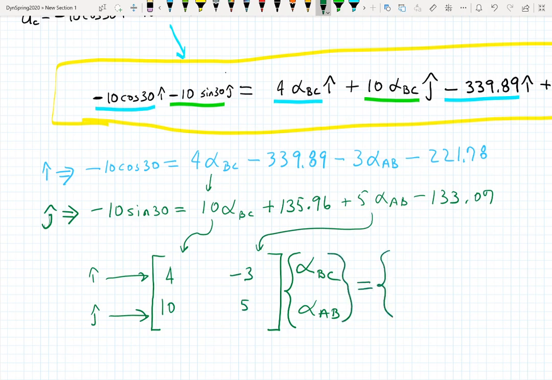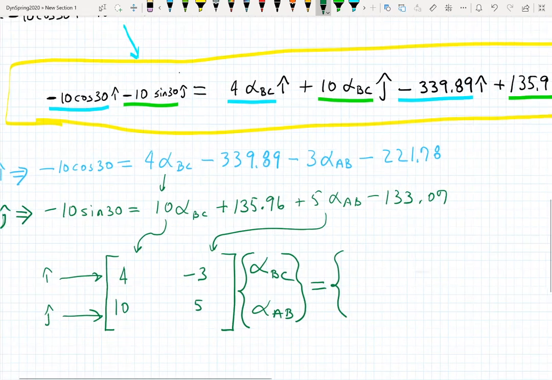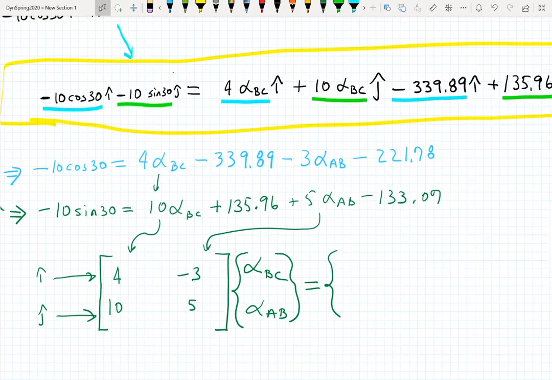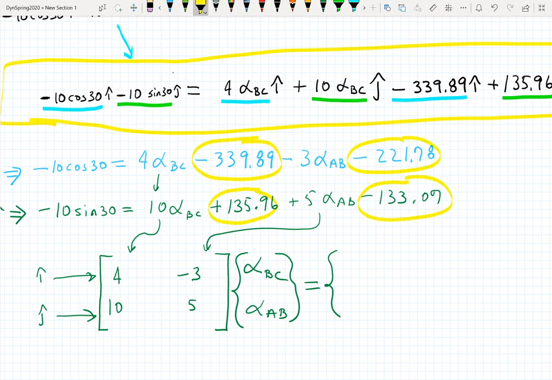Now we have to remember these numbers will change sign as I move them to the other side of the equation. 10 cosine 30 minus 10 sine of 30.